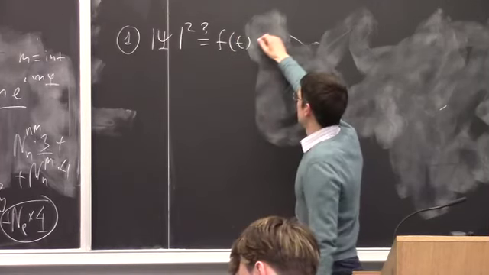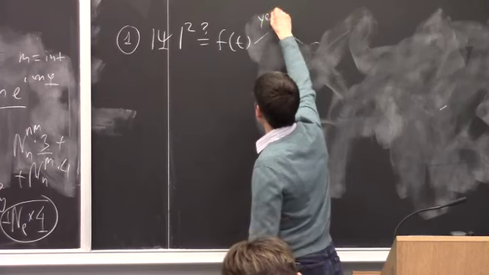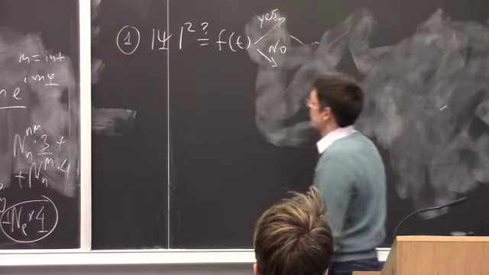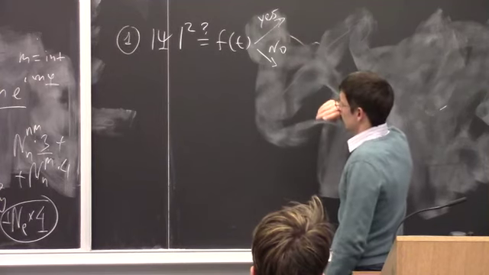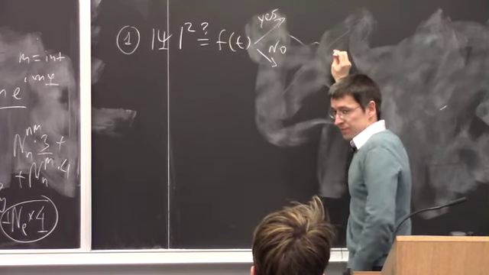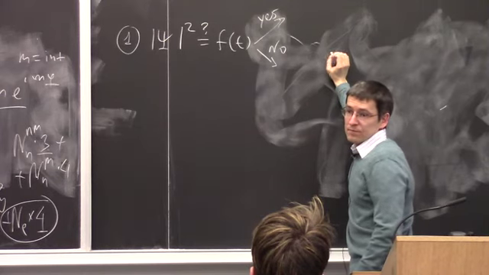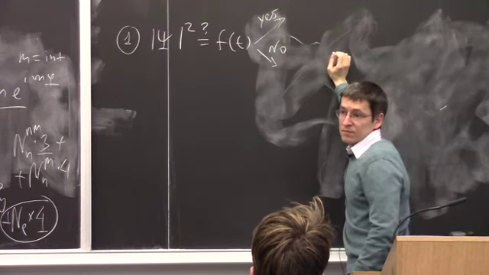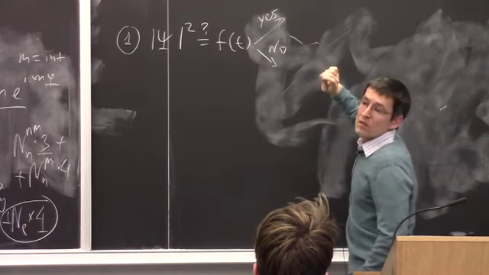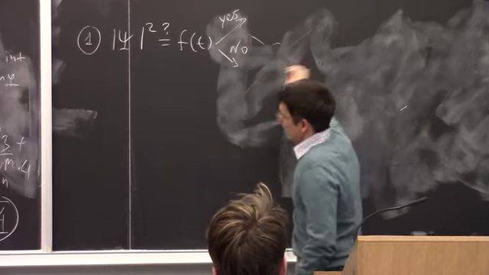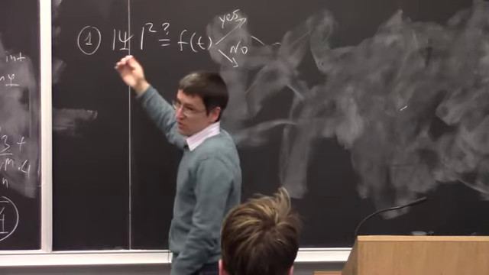And we know that the answer is yes, and the answer could be no. Right? The answer is yes for what kind of functions? When your probability density depends on time. Eigenfunctions? Well, for the eigenfunctions, those are stationary states, right?